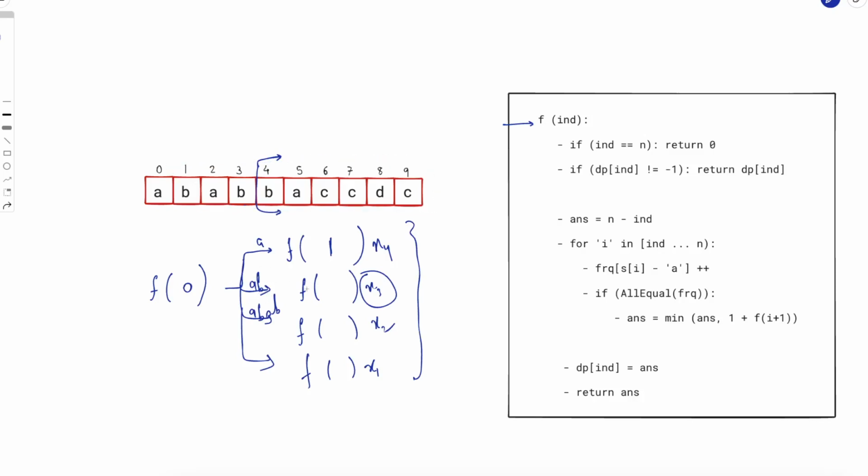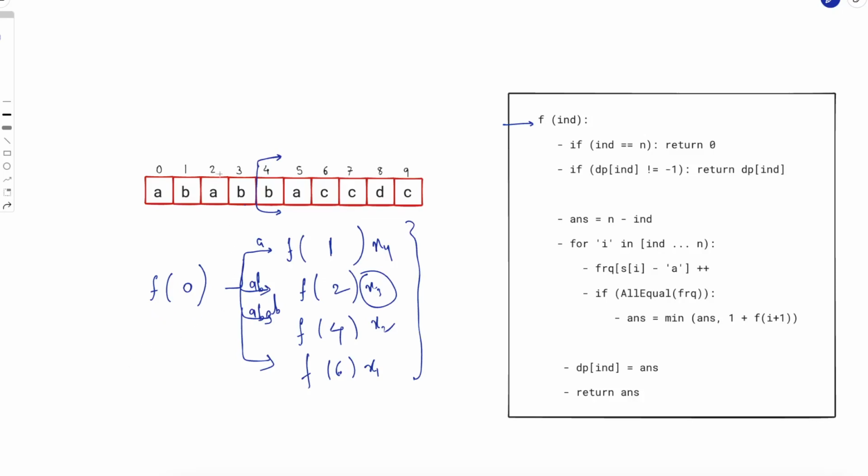Now once you take ab, you want f of 2, I want the minimum number of partitions to partition this entire string into, right? And similarly for ab you need f of 4, and for this you need f of 6, right? And you will get the minimum across all of them and just do plus 1 to get the value of f of 0, right?